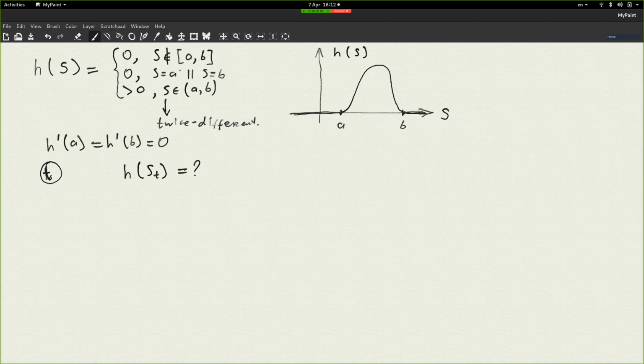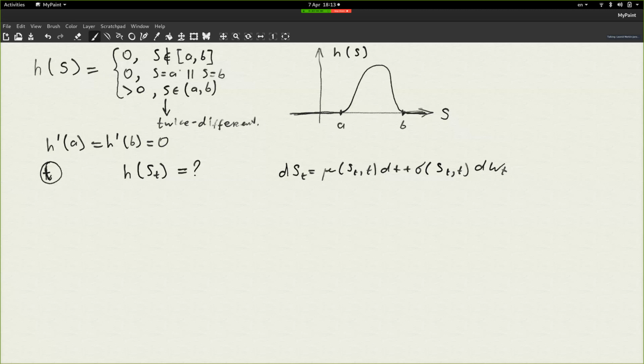Once again, S_t is our stochastic process, which is given by dS_t equals mu of S_t and t times dt plus sigma of S_t and t times dW_t. So we're interested in the function h of S_t at some time t. T equal to 0 is our initial point.